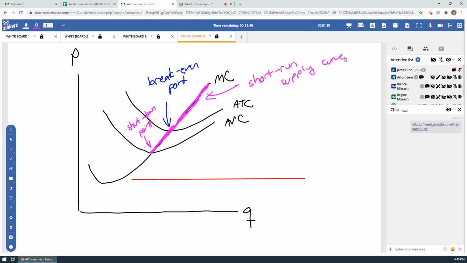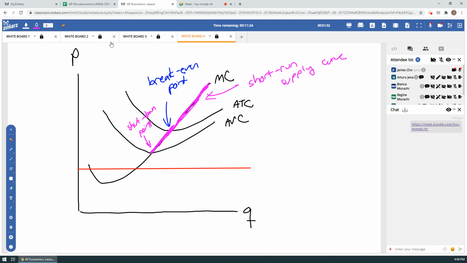We call it the firm's short-run supply because if your demand curve ever happens to be touching your MC above the shutdown point, then you're going to be producing, you're going to be supplying. If your demand curve ever happens to be below that point, then you're not going to be producing. There's no supply.